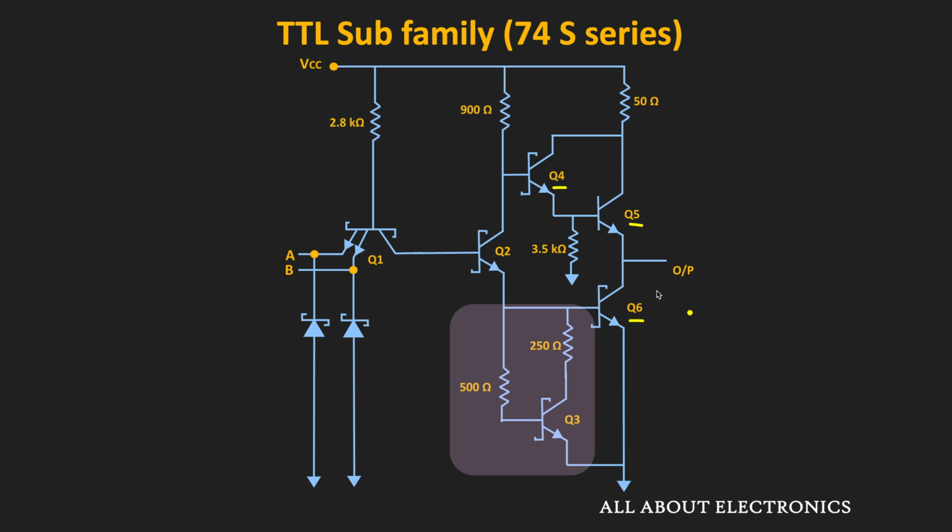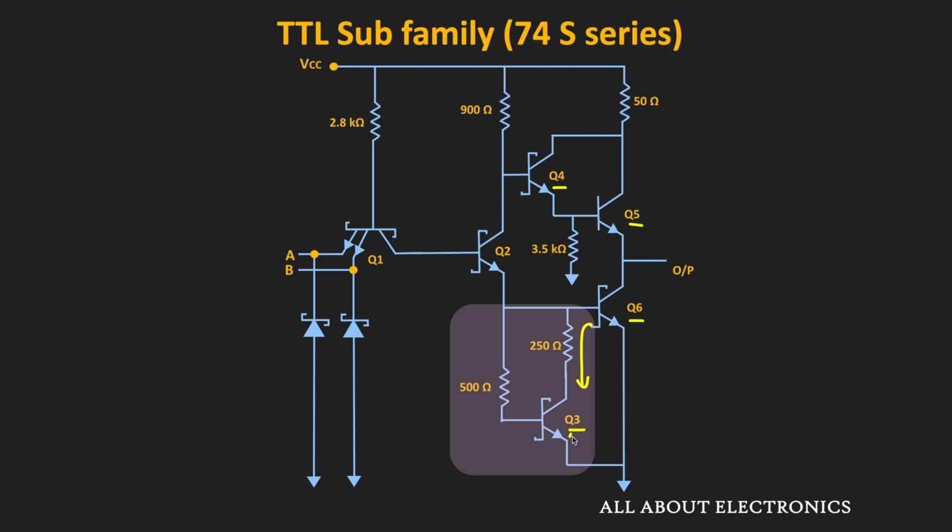So this Q6 transistor will completely go in the off state when the charge that is stored at the base of the transistor gets removed. So here, when this Q6 starts going into the off state, at that time this Q3 is already in the on state, and hence it provides the lower resistance path for removal of this base charge. And due to that, we will get the faster low to high transition.